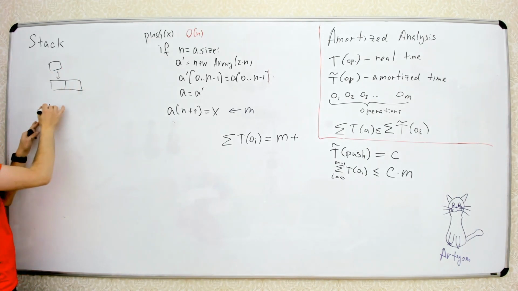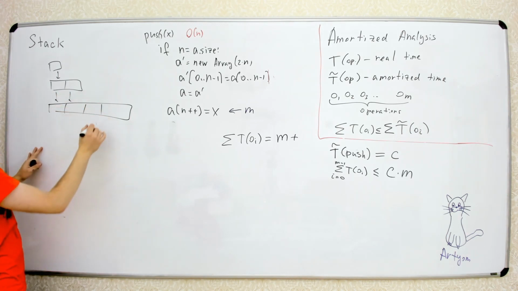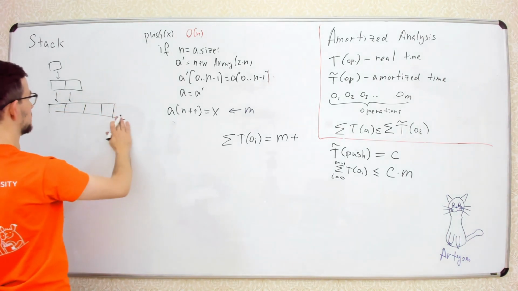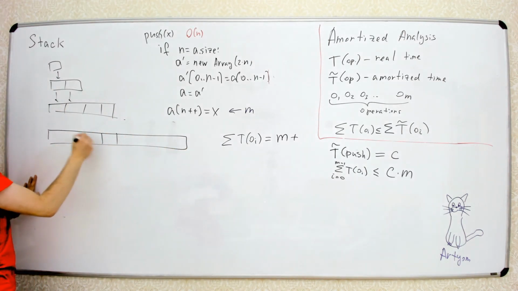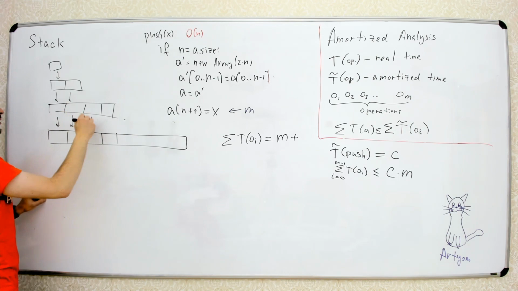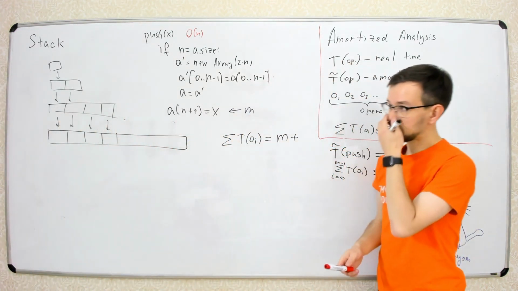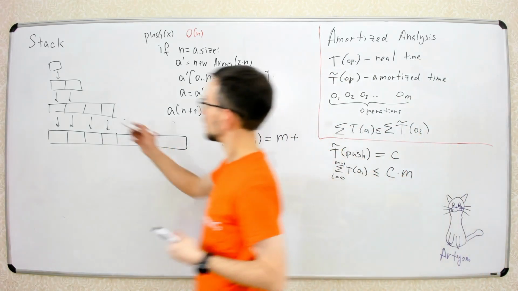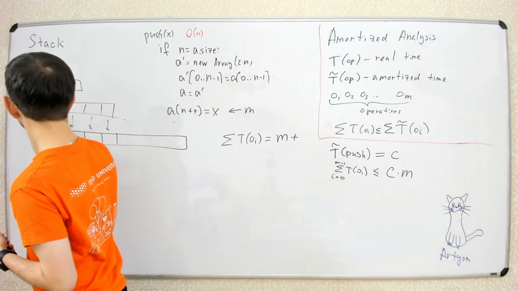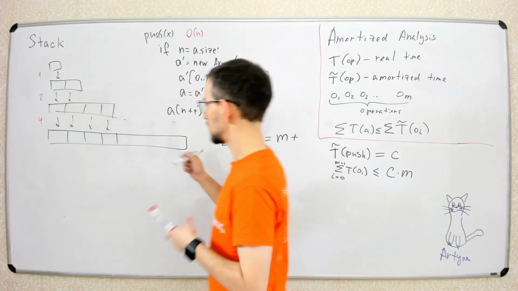Now we increase the size and copy these two elements here. And now again we increase the size and copy 4 elements here. So how much time do we spend on this copying of the elements? We spend 1 operation here, 2 operations here, 4 operations here, and so on.